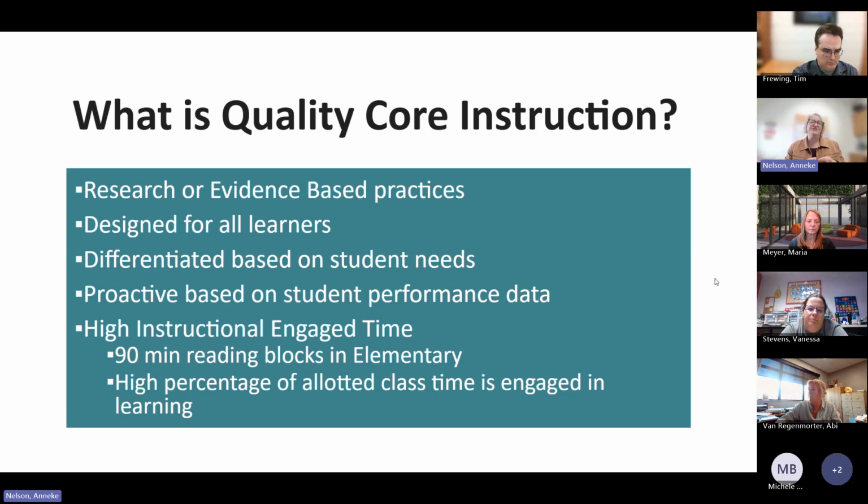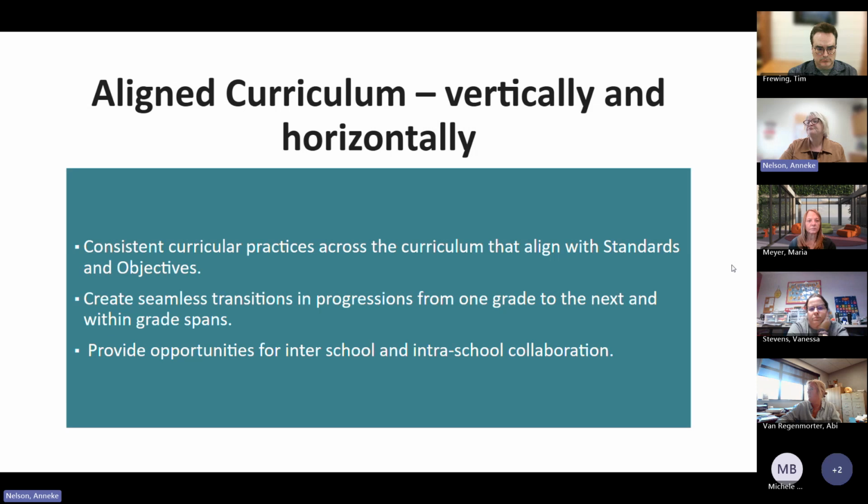And during that 90 minutes of intensive instruction, we're not seeing a lot of interruptions, and the class is highly engaged.